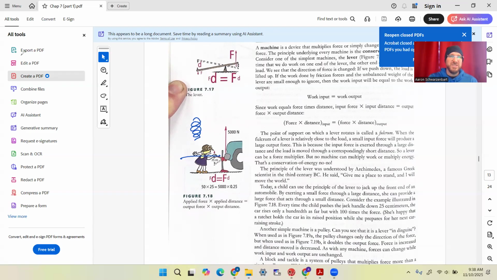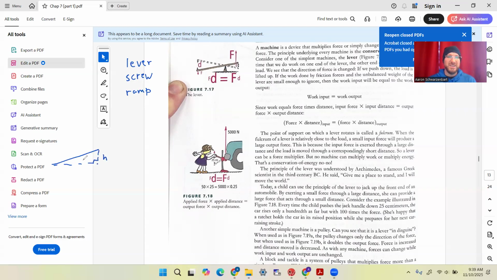Another type of simple machine is the ramp. Okay. So our simple machines here: the lever, the screw, the ramp. What does a ramp do? It allows us to gain height, which is really all we're interested in.